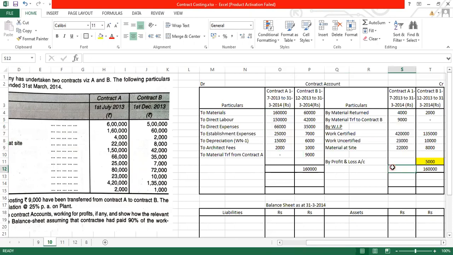So obviously credit is higher than the debit and we got a notional profit over here. We got a notional profit of 60,000.